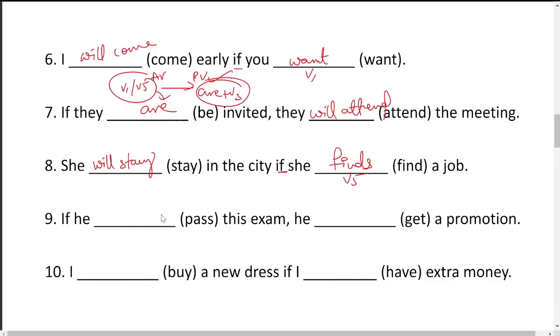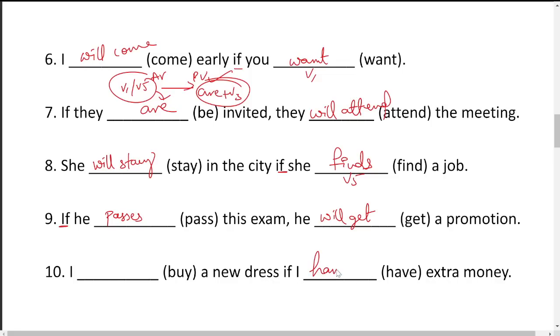Next, if you dash the exam. Starting with if, so we need v1 or v5. He is there. So with he, what do we need to use? We need to use passes, not pass. If he passes the exam, then what can we use here? He will get a promotion. If he passes the exam, he will get the promotion. Simple present, simple future. Next one: I dash buy a new dress if I dash extra money.